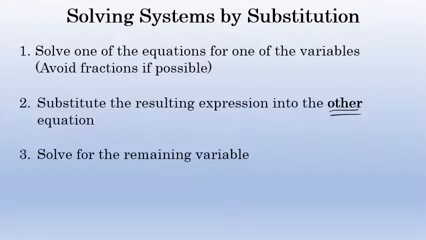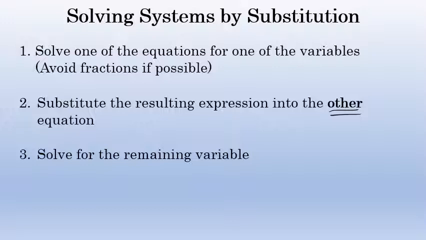After you do that substitution, you'll have an equation with one variable, and you'll solve for that variable. After completing step 3, you'll have one of the values in the ordered pair, either the x or the y, that is the solution to the system.